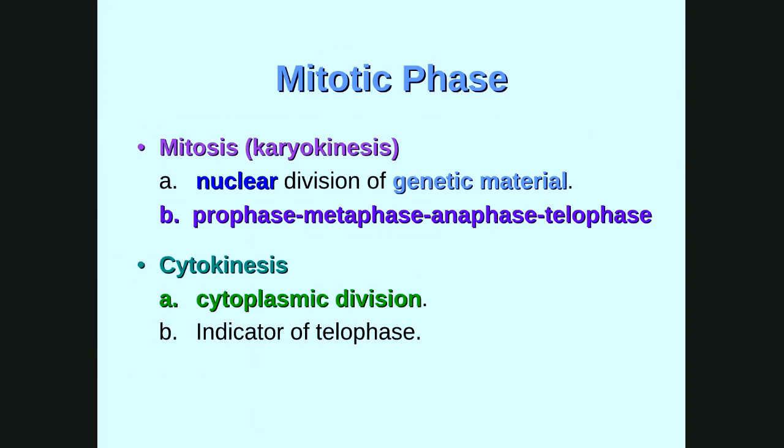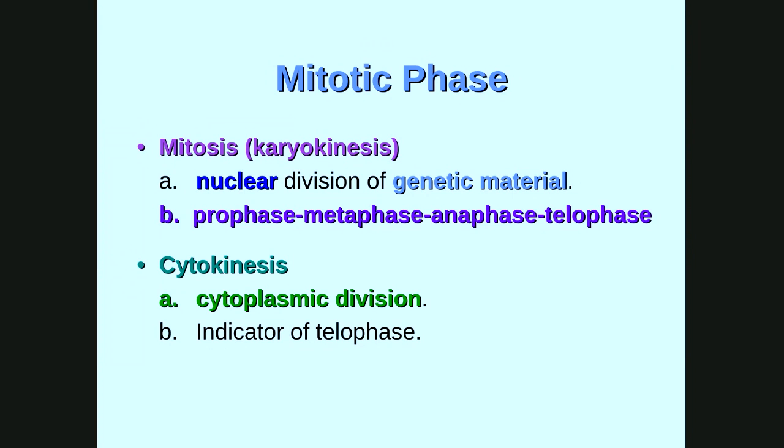Now we are coming towards the mitotic phase. Yesterday we studied there are two phases of mitosis: one is karyokinesis and the other is cytokinesis. In karyokinesis the division of the nucleus takes place, while in cytokinesis the division of the cytoplasm takes place.